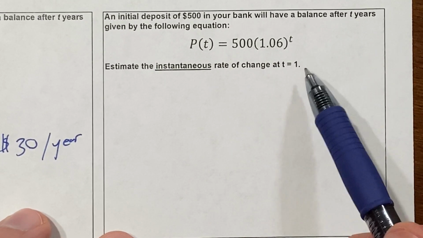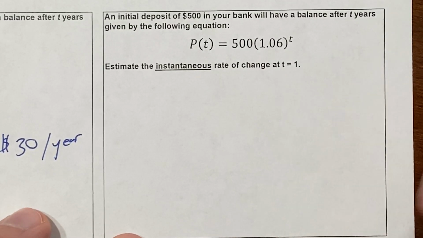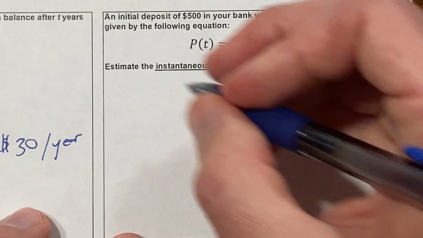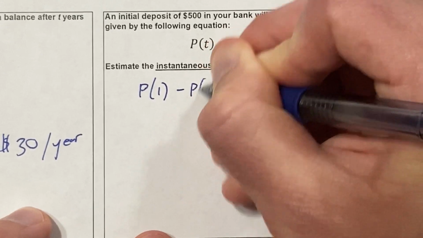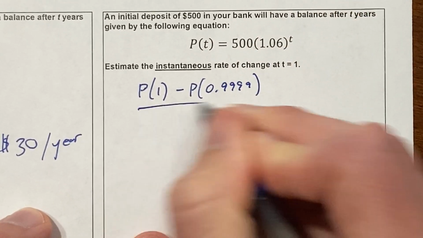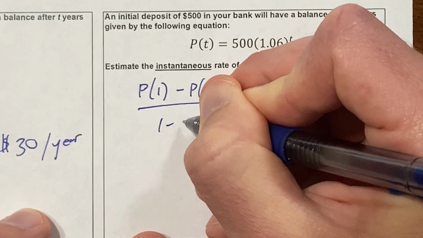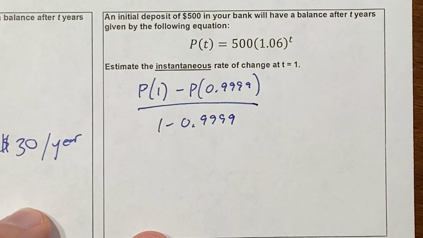So let's just choose two numbers right there next to each other. And one of them's going to be 1. So I'm going to do like 0.99999. I'm going to do like 3 or 4 of them. So let's do p of 1 minus p of 0.9999. Okay.